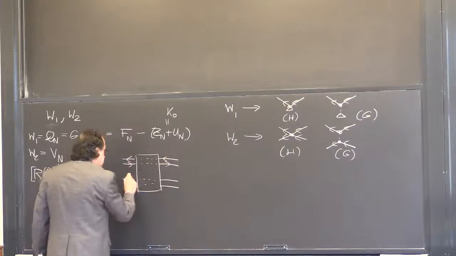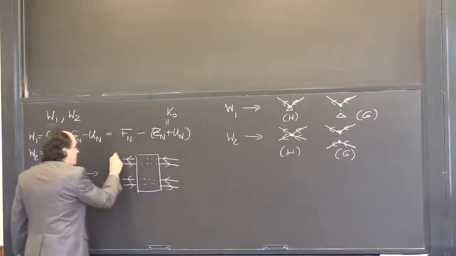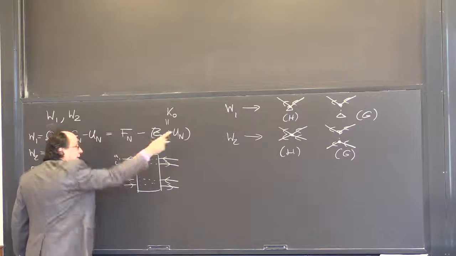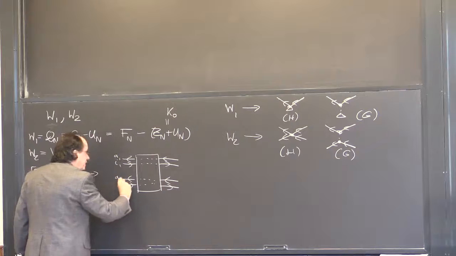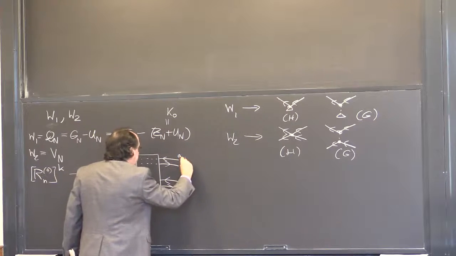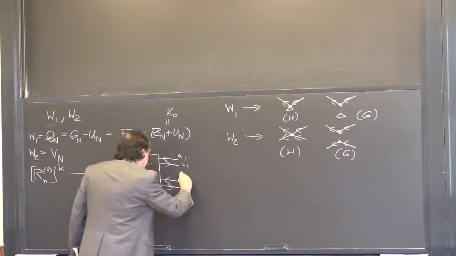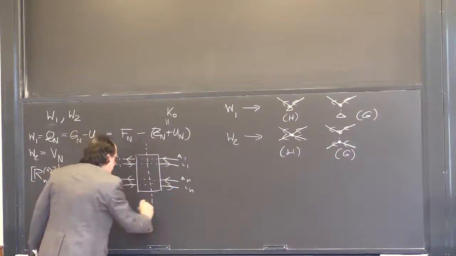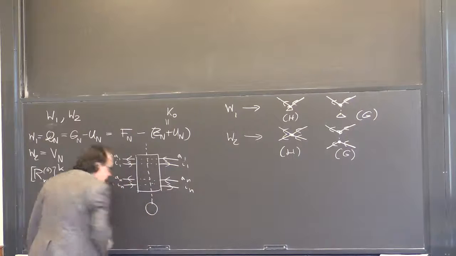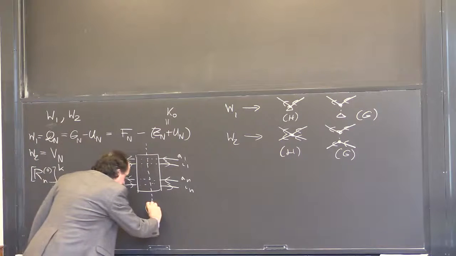Let me actually put labels here. I didn't put them there because they're obvious. So A1, I1, AN, IN here, and the same indices on the right side of our diagram. Then we're slicing this diagram through, and we're hanging a circle that reminds us what is the power of the resolvent.